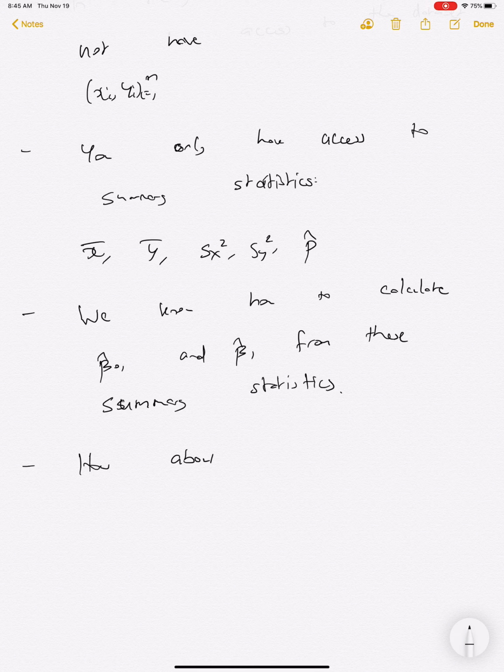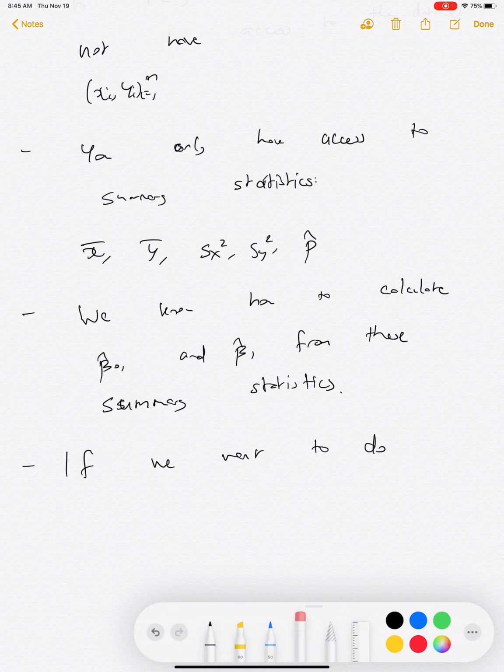How about if we want to go to the next step?